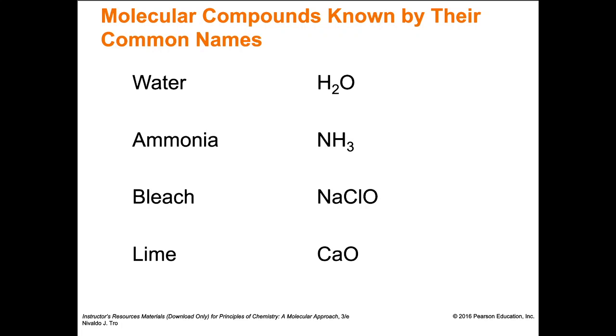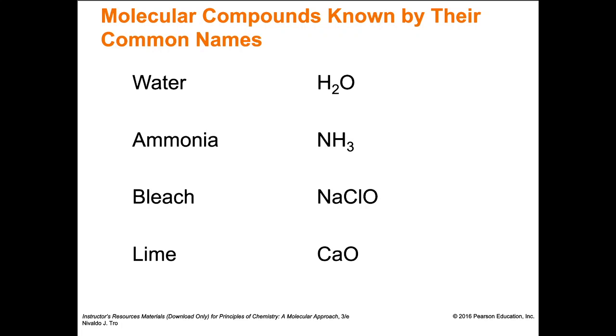Okay, but on this slide, what I want to mention is that we also have common names for some chemicals. I know this is fairly obvious, but I think it's worth mentioning. Something like water, for instance, H2O, commonly called water. NH3, ammonia. Bleach is actually NaClO. And lime, like you would put in your garden, CaO.